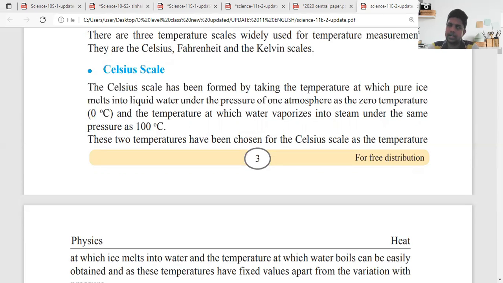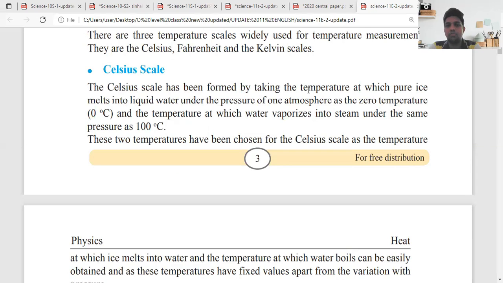You just want to have an idea about the Celsius scale, Fahrenheit scale and Kelvin scale, and what the relationship between those scales is. There are a lot of calculations based on that. Before going for those calculations, first of all, let's have an idea about the Celsius scale. Write this topic: Celsius scale.